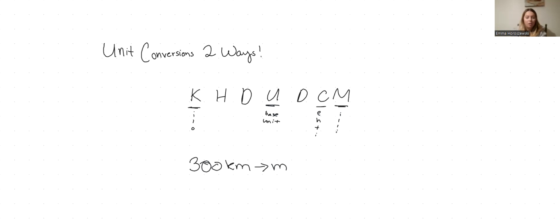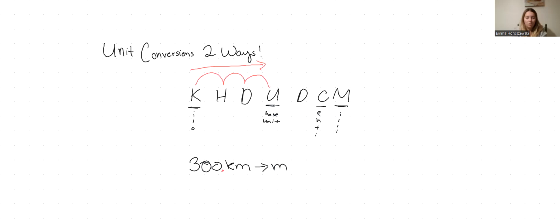Now in this, there is no decimal place. 300, there's no decimal place there. So we're just going to assume that it's right at the end of the number there. And we're going to move our decimal place from kilo, 1, 2, 3 little hops over in this direction to the right, from the prefix of kilo to the base unit of meters.